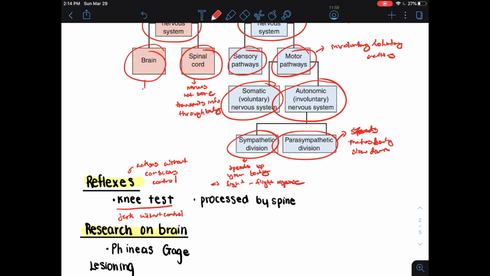The reason for reflexes is that the stimulus is processed by the spine. Normally, it goes from the spine to the brain, then back through the spine, and so on. But this just gets processed through the spine. And we need reflexes because sometimes going through the brain is too slow.